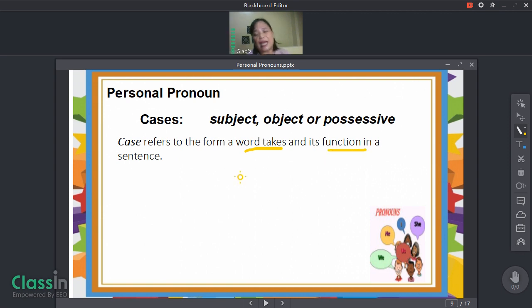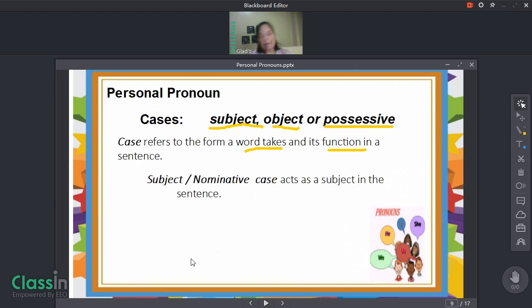So like what I told you a while ago, cases give us an idea of how the pronouns are used in the sentence, whether as a subject, as an object, or as a possessive case.